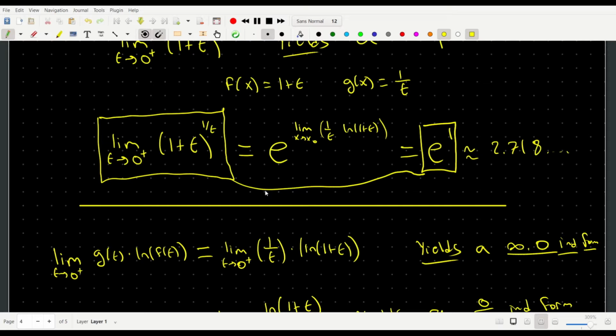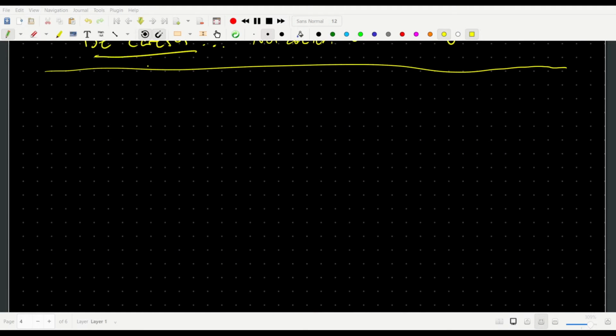And in the homework, you'll see several different variations on this idea in this type of problem. What's neat about this is that this trick can be applied to a lot of other types of indeterminate forms, not just 1 to the infinity.